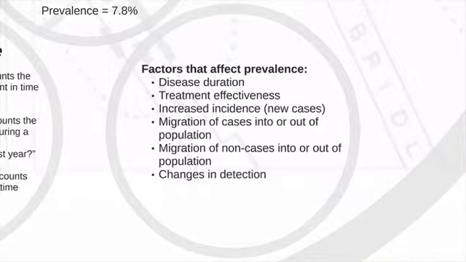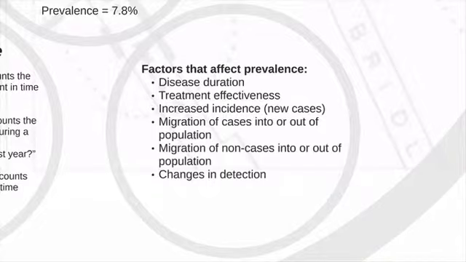You can think about the flu, or migraine headaches, things that come and go and are relatively short-lived. If you pick a given day to survey people and ask, do you have this health outcome, you're only going to capture a very small number. So that's how disease duration impacts our prevalence measures.